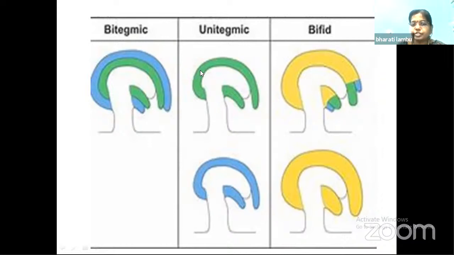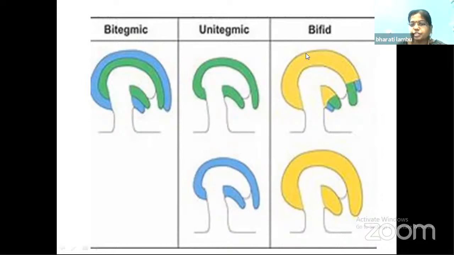In this, if you see, only one integument is present. It is called a unitegmic ovule. Example for this is present in gymnosperm, then Compositae family and also Solanaceae family. They are shown in two different colors. So it is having only a single integument.